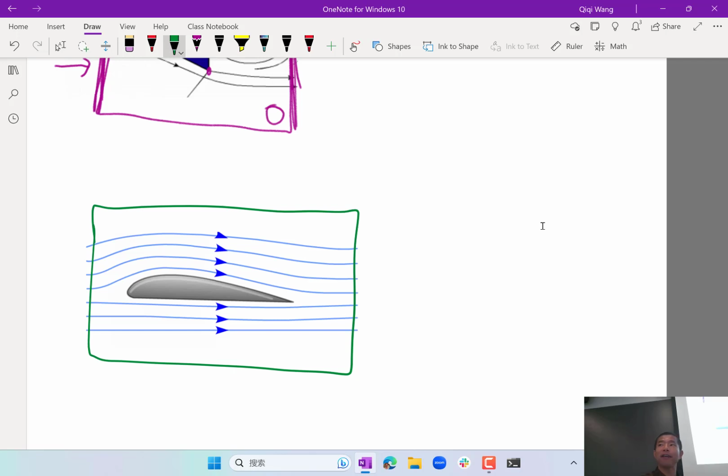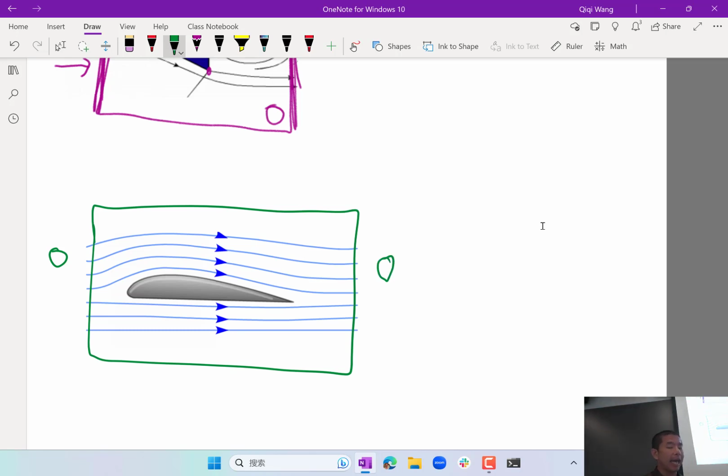The reason we are looking at infinite span is we're not considering induced drag for now, right? For an airfoil of infinite span or very long span, the inflow has zero velocity relative to the ground. So zero energy goes in and zero energy goes out, right?